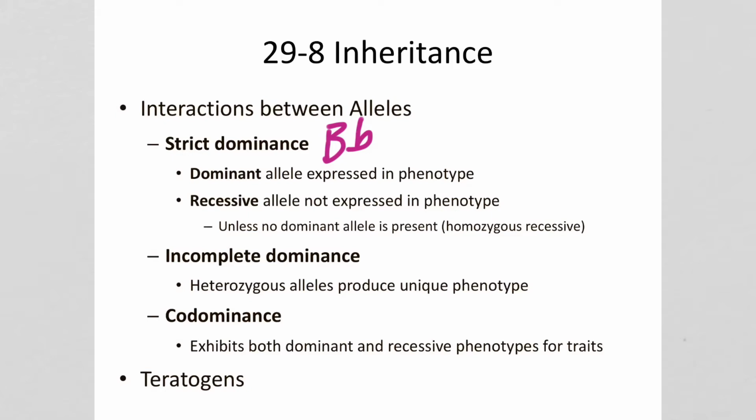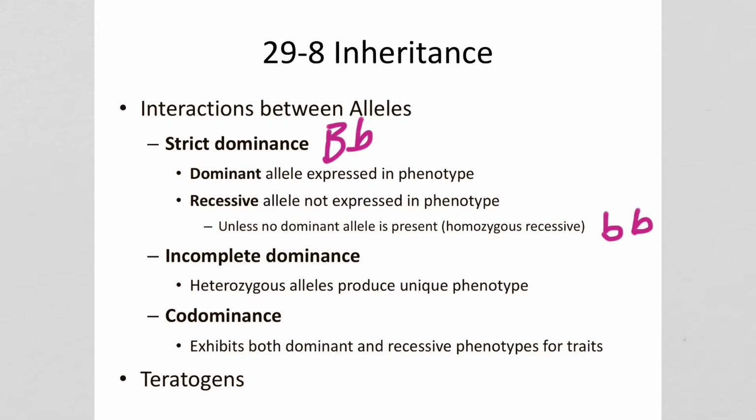So if you have this heterozygous situation, then you will have brown eyes. The recessive allele is not expressed. The recessive allele is only expressed if you only have blue-eyed genes. So you would have to get a blue-eyed gene from mama and a blue-eyed gene from papa.